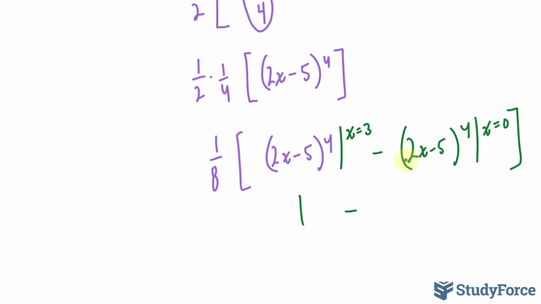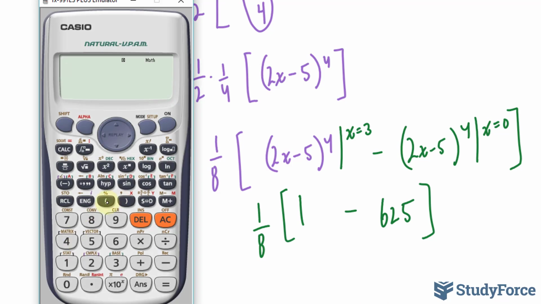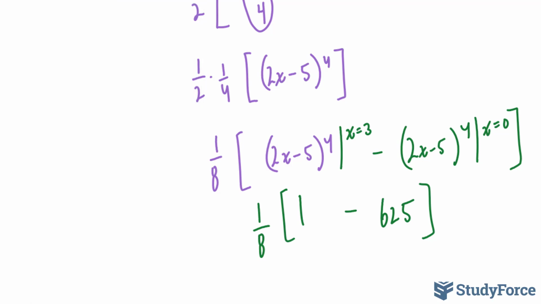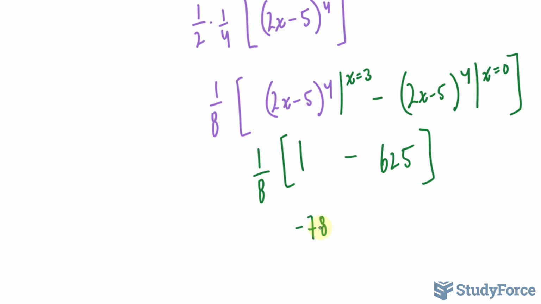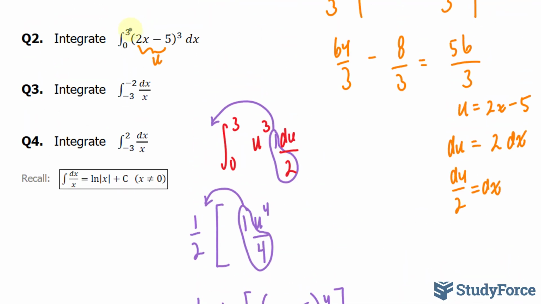And 2 times 0 is 0 minus 5 to the power of 4. Negative 5 to the power of 4 is 625. So we have 1 minus 625 times 1 over 8. Let's use our calculator. 1 minus 625 divided by 8 gives us negative 78. That is the area for this curve between 0 and 3.